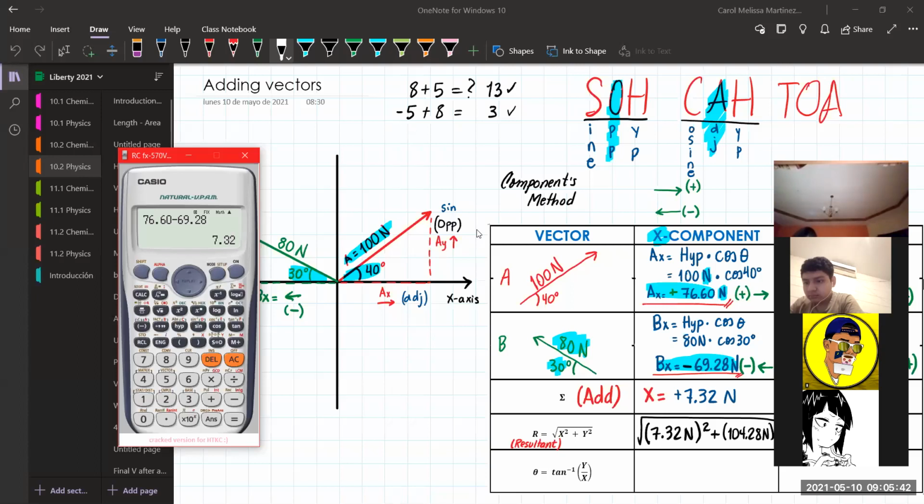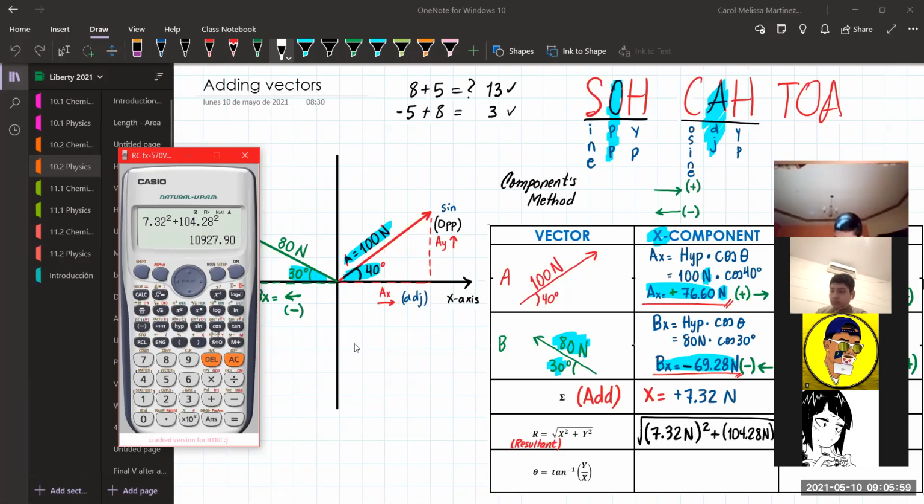Remember, we do this entirely with a calculator. We say 7.32 squared plus 104.28 squared, and that is the result. We do it step by step.